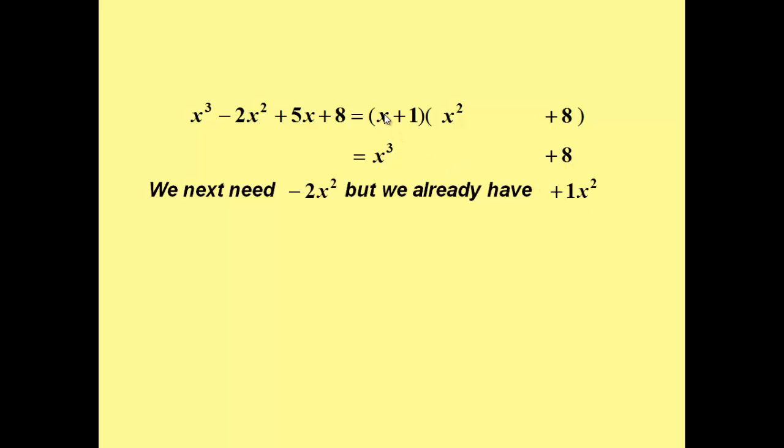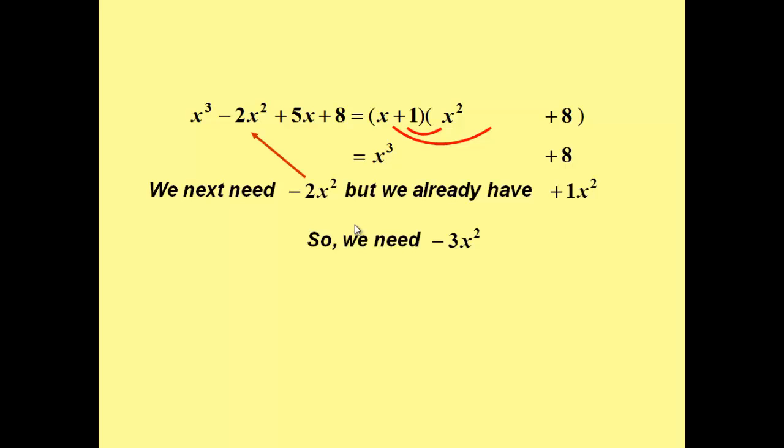The other way will be to multiply the x term by the x term here. That will give us our second x squared term, which will then gather together and has to become minus 2x squared. So because we've got plus 1x squared, we need minus 3x squared to make it minus 2x squared, to make it what it needs to be on the left hand side.